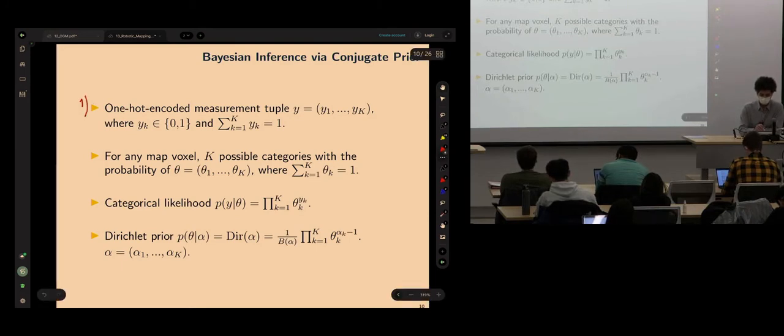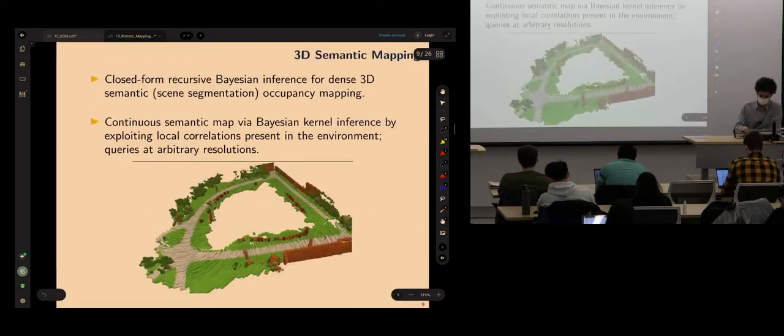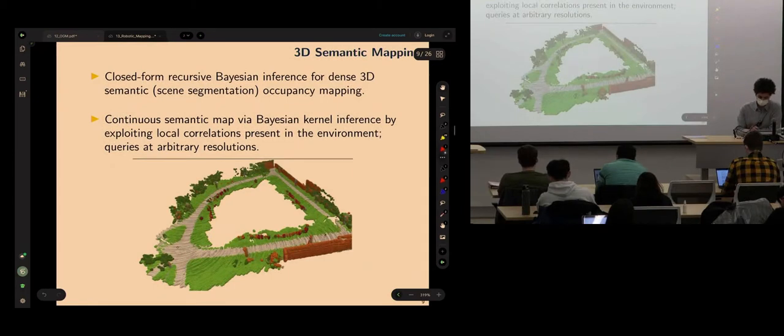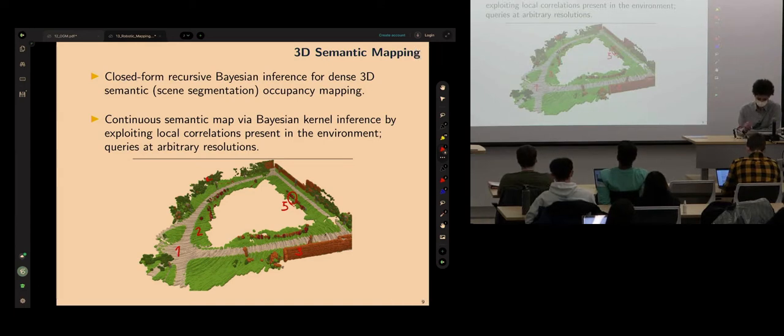The first part is that we have labels that are in this form, assuming we have k categories. Now, when I say categories, you can think about maybe sidewalk is category 1, grass is category 2, wall is 3, trees are 4. Somebody walking here in red, maybe we call this 5. There are more, but we just don't see them here.